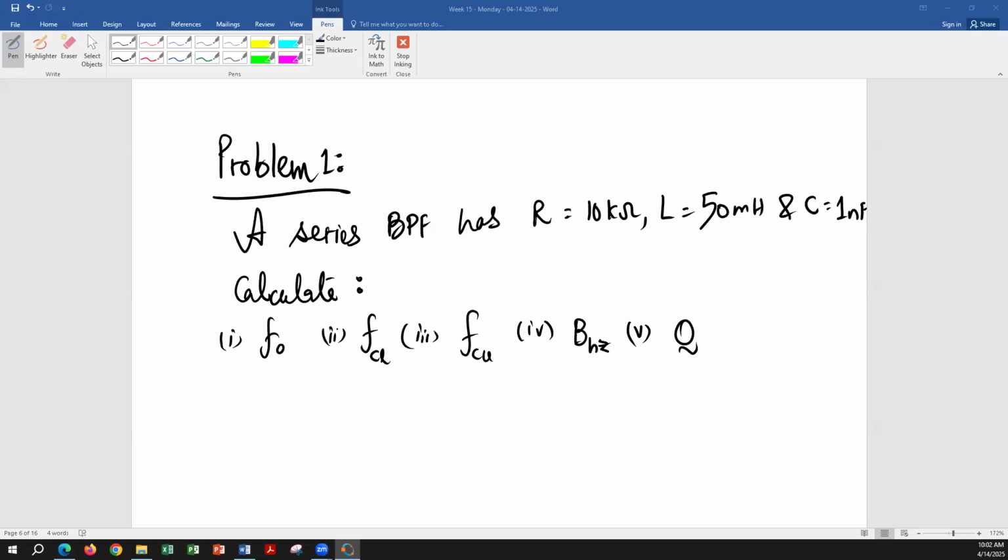All right, so we know that omega naught is 1 over square root of LC, the center frequency. So F naught is 1 over 2 pi square root of LC.